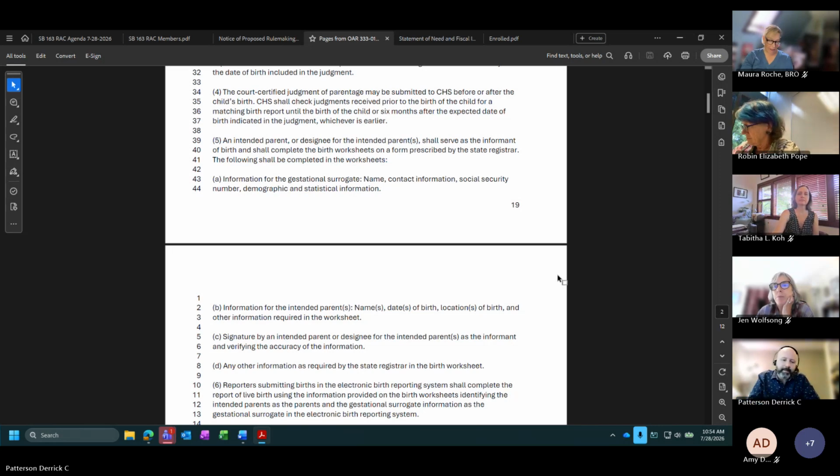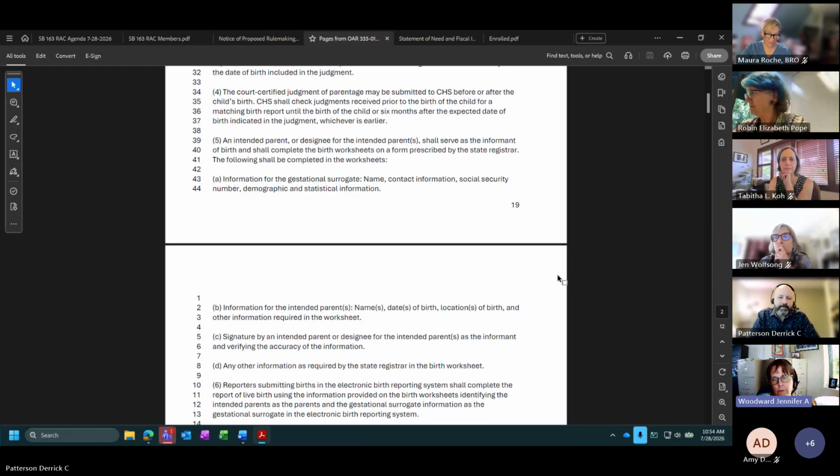Robin: So this maybe is for the subject matter experts, but the informant versus the reporter, they are different, is that correct? Yes, they are different. The reporters are the people who report the births.